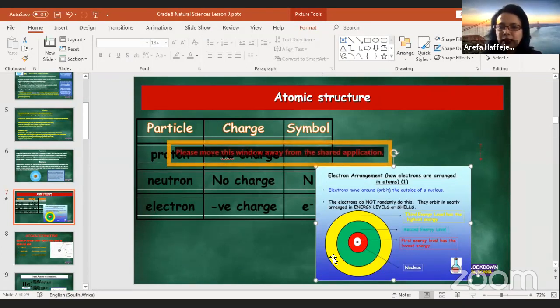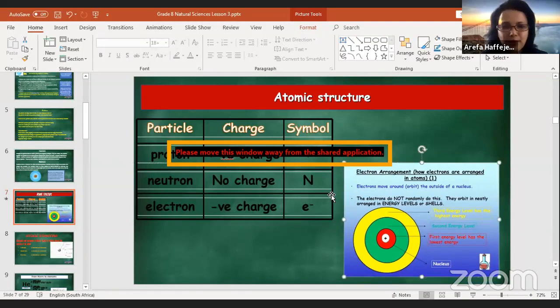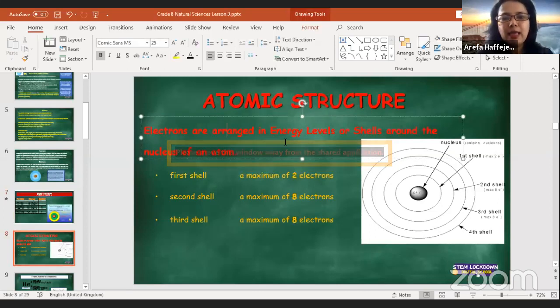And then we have the yellow shell, which is the highest, your third energy level, for this lesson. Going into that in a deeper way, electrons are arranged in energy levels or shells around the nucleus of an atom.